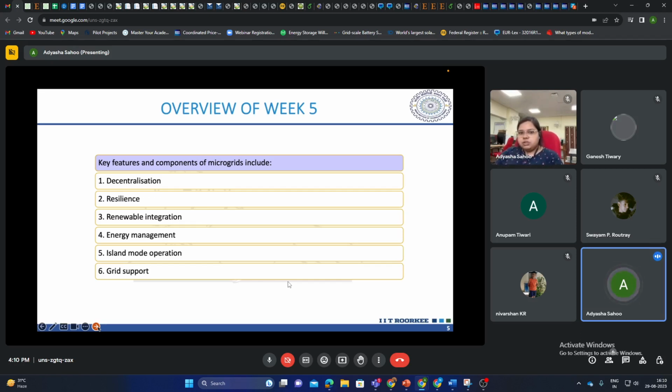The fifth feature of this microgrid is islanded mode of operation. As we discussed in the resilience point, it will disconnect from the main grid in case of a fault, and supply power to the local loads. Sixth is grid support.